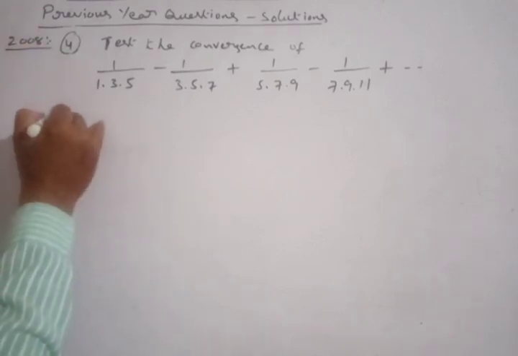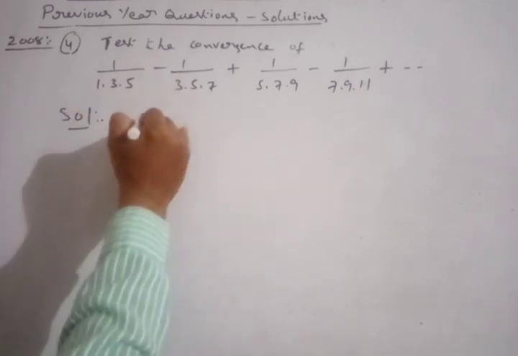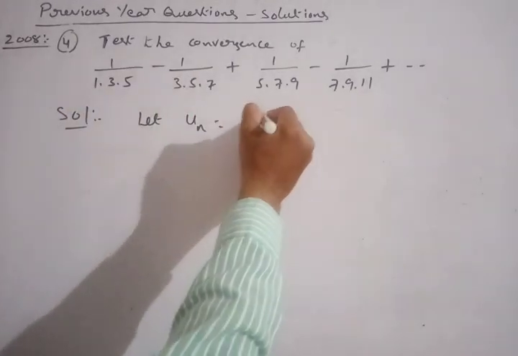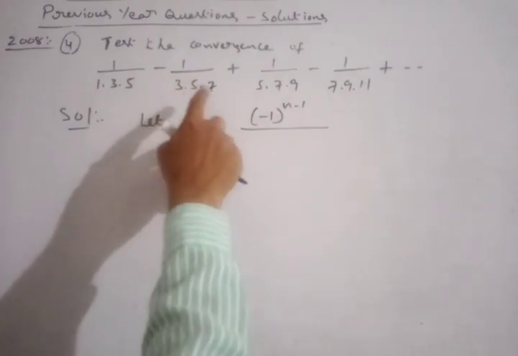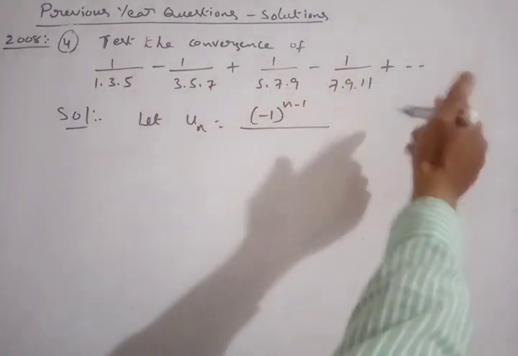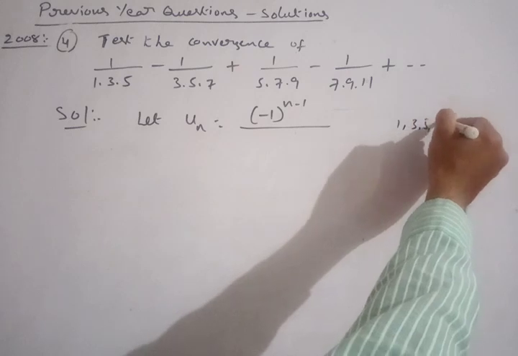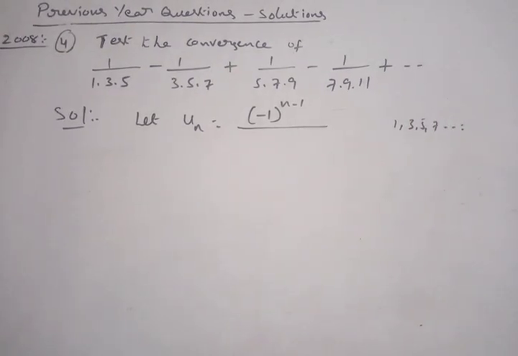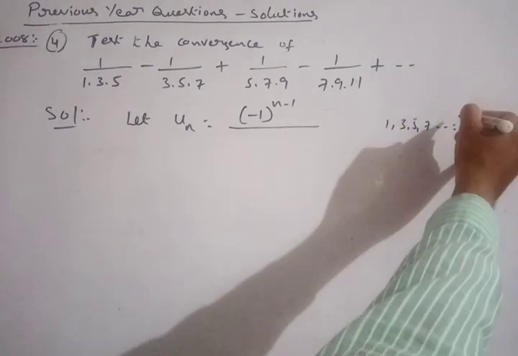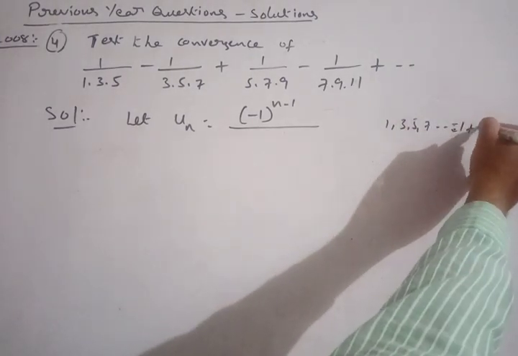Okay. So solution. What is our nth term here? Let un is equal to minus 1 whole power n minus 1 by, how to find the nth term? 1 3 5 7, right? So 1 3 5 7 is a plus n minus 1 into d. So a is 1 plus n minus 1 times 2, 2n minus 2.